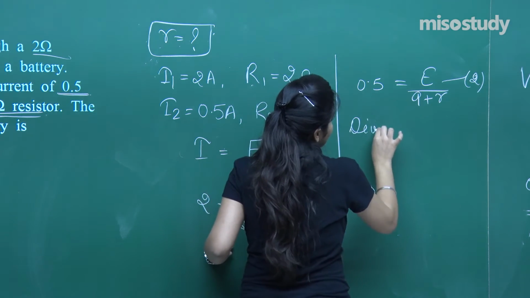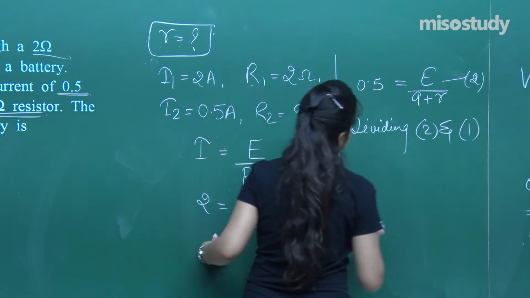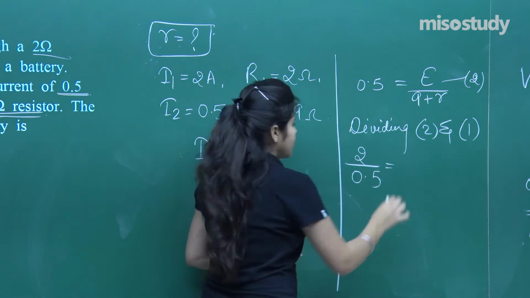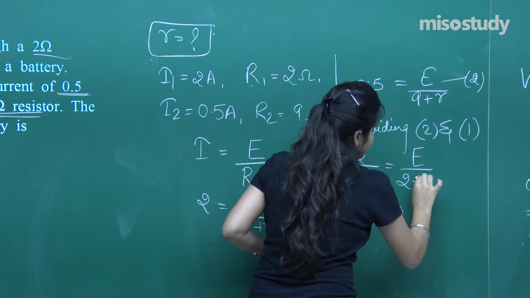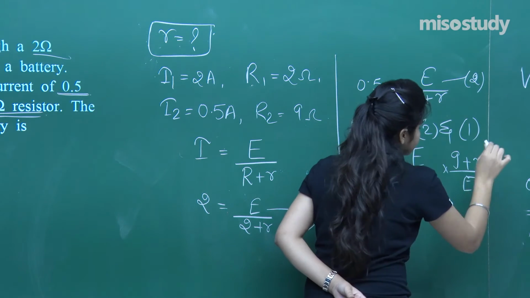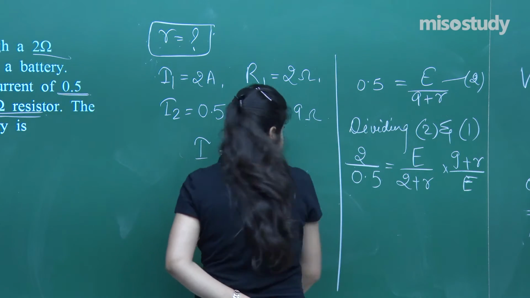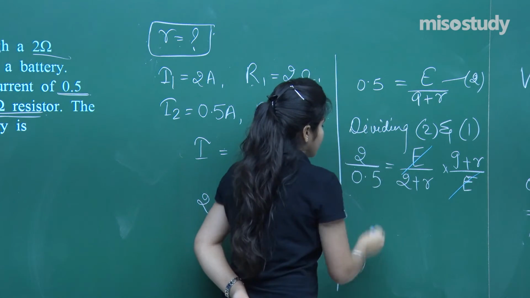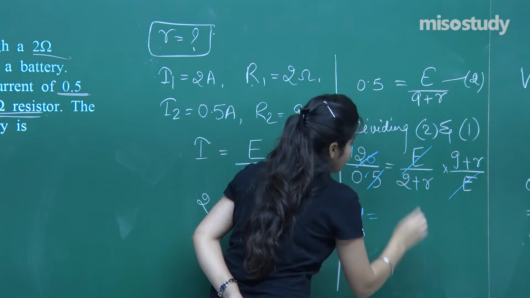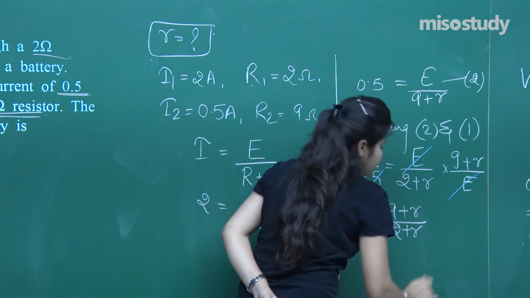Dividing equation 2 by 1, you will have 2 upon 0.5 equals E upon 2 plus r multiplied by 9 plus r upon E. So E and E get cancelled. 2 upon 0.5 gives 4, so 4 will be equal to 9 plus r upon 2 plus r. Pretty easy to find now.